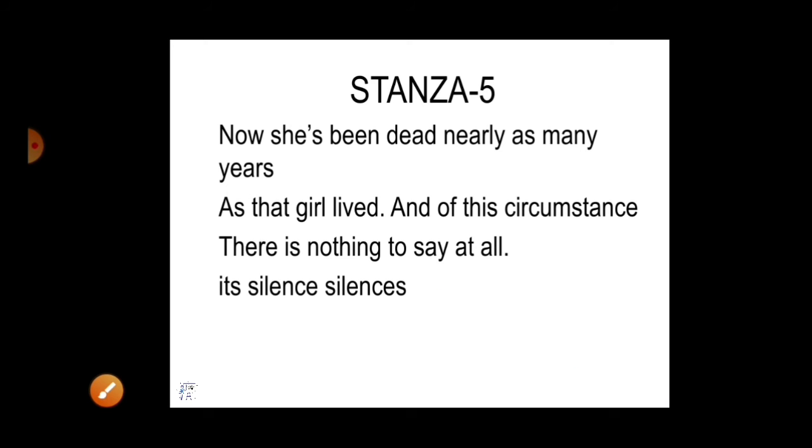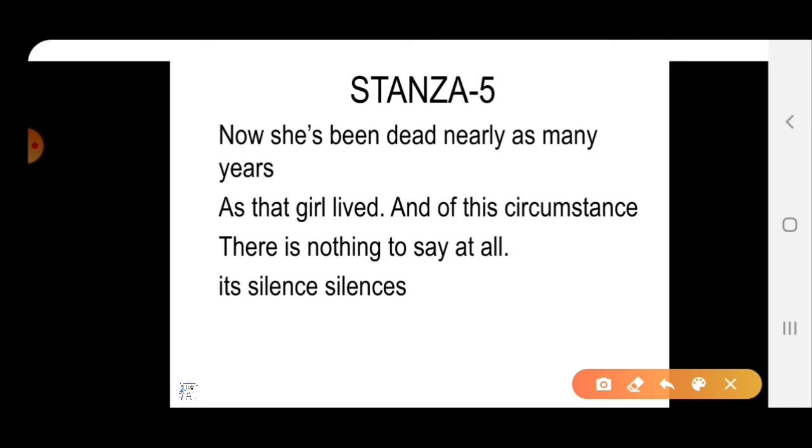Now, stanza 5. Now she has been dead nearly as many years as the girl lived, and of this circumstance there is nothing to say at all. Its silence silences. In these lines, the poet says that her mother died 12 years ago, the same age her mother was in the photograph.